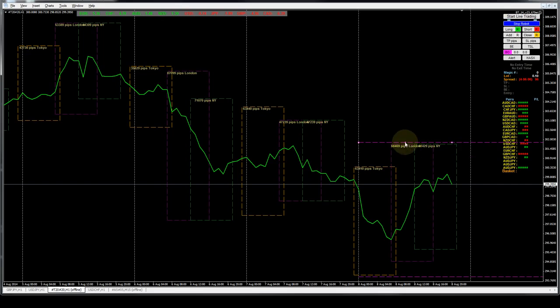So we'll just put these right here for now. So breakout means it has to close above, the candle would have to close above there. And to take a short, the candle would have to close below the line.